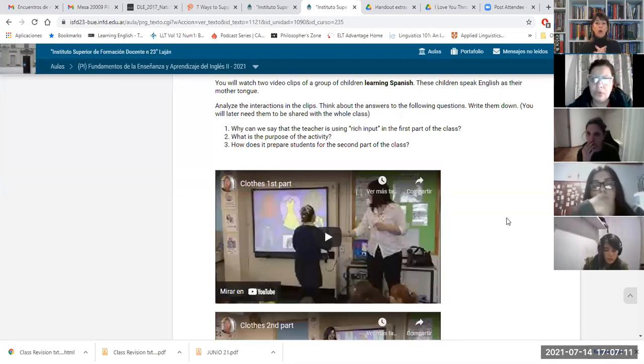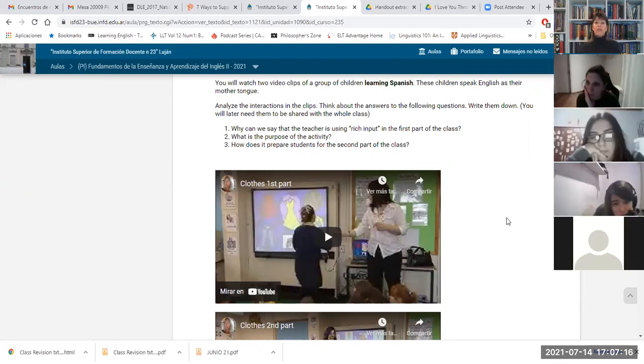For example, why can we say that the teacher is using rich input in the first part of the class? What is the purpose of the activity or the task? And how does the first part of the class prepare the students for the second part of the class, right? Always thinking of input and output, okay?